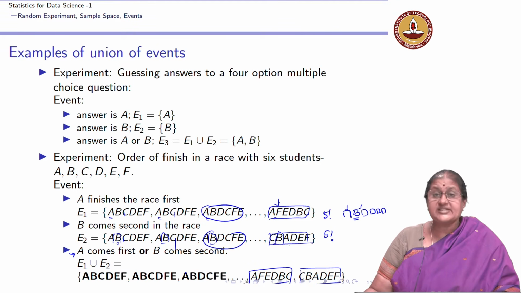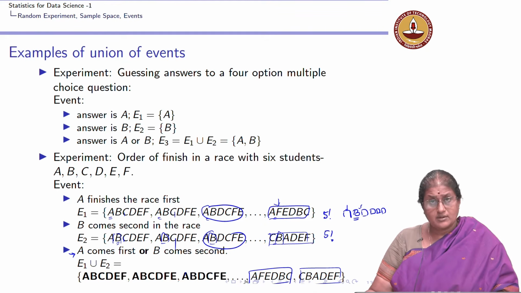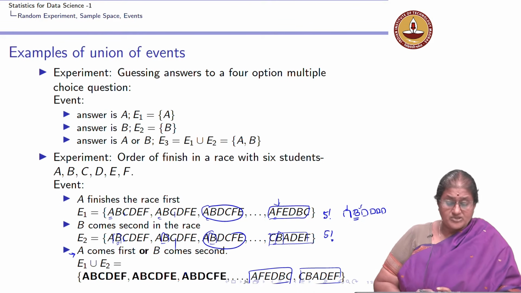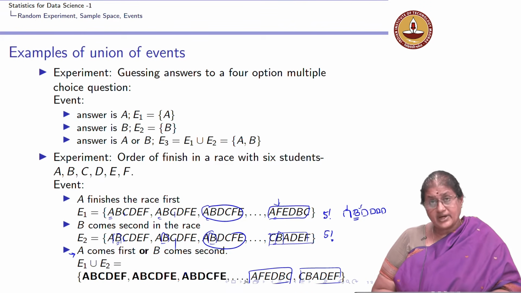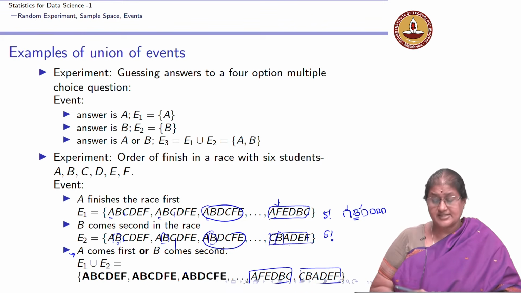Would this include the event where B comes first? B comes second. So, B comes first is not included here. But would it include C coming first? The answer is yes, because we have seen that here. Would it include D coming first?